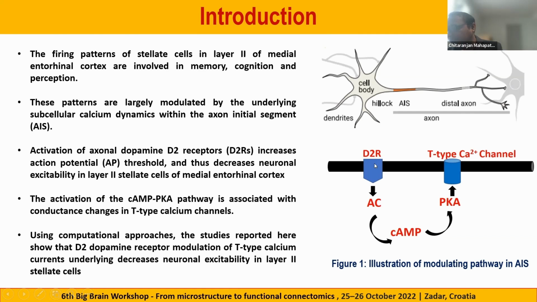The D2R receptor modulates the T-type calcium channel conductance via the G-protein, cAMP, PKA, and AC pathway. We are trying to model this pathway, and nobody has done this modeling for the brain, particularly for this stellate cell.